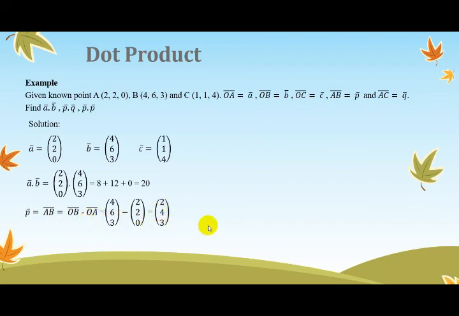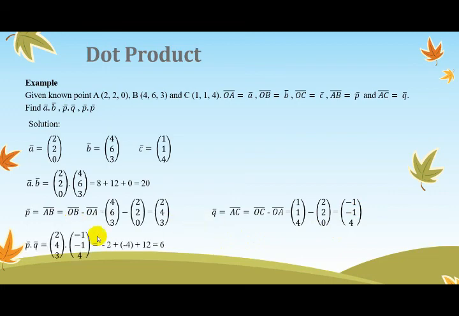It is vector P. And vector Q equals vector AC equals vector OC minus vector OA. And then we find (negative 1, negative 1, 4). After we find vector P and vector Q, we can find vector P times Q and vector P times P. The process is similar, and let's see the answer. Vector P times vector Q is 6. Vector P times vector P is 29.